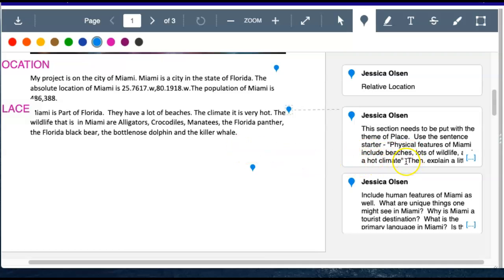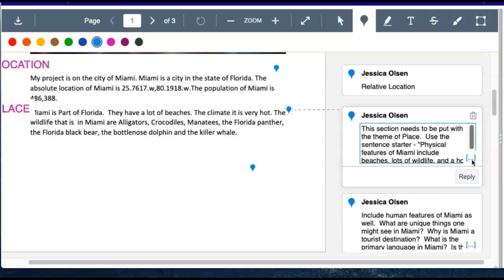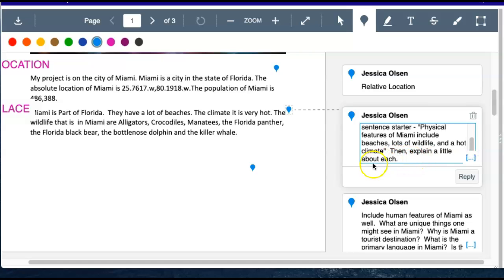I took that introduction sentence pretty much from what you wrote here, but then enabled you to use the term physical features. Okay, so that's important. Now, if you click on that, it'll give you the rest of this box, which just says, then explain a little bit about each, okay?